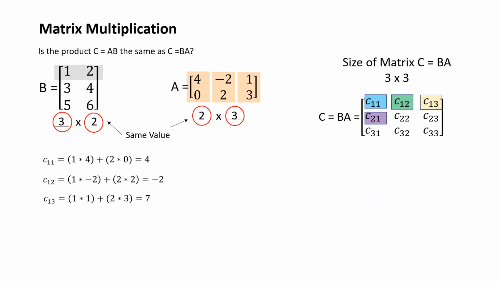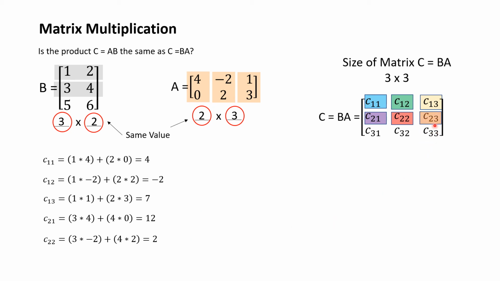And we use a similar approach to determine C21. Now we take the dot product of the second row in matrix B with the first column in matrix A, which gives us a value of 12. And for C22, we take the dot product of the second row in matrix B with the second column in matrix A to give us a value of 2.